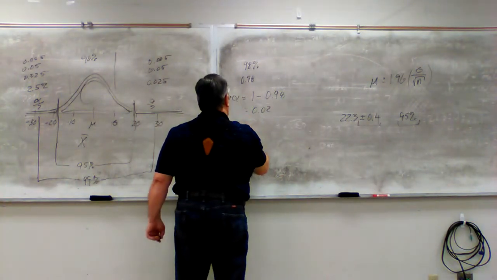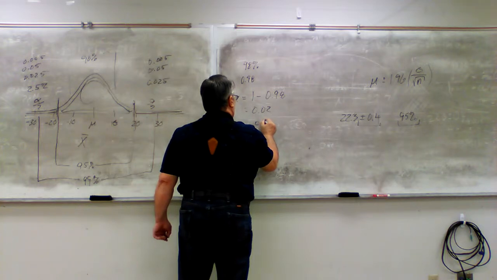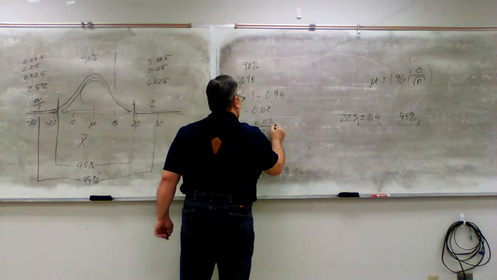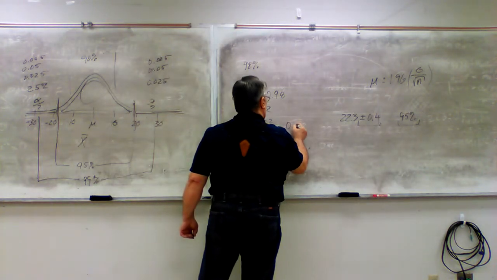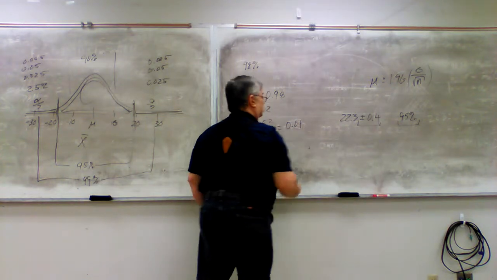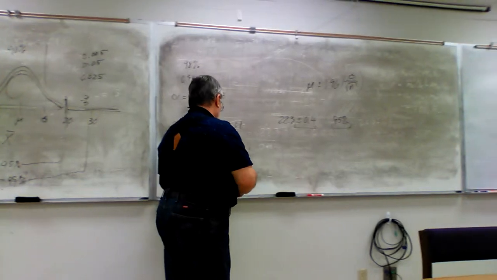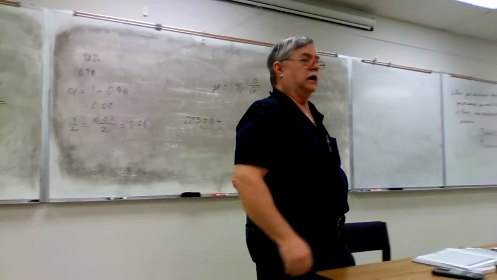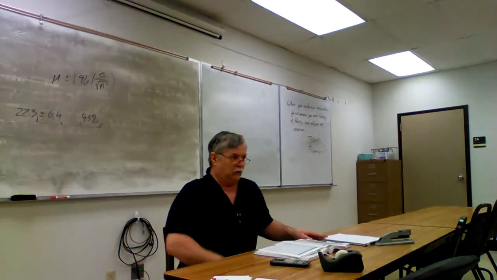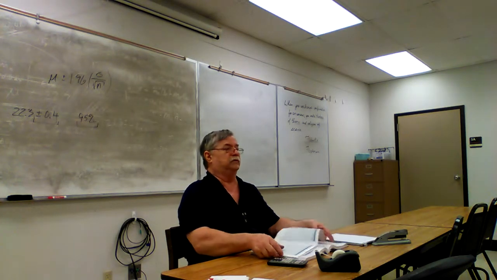Therefore, alpha over 2 is 0.02 divided by 2, which is 0.01. If we're going for a 98% confidence, then we're looking for an alpha over 2 of 0.01.